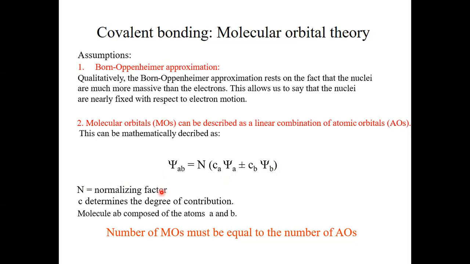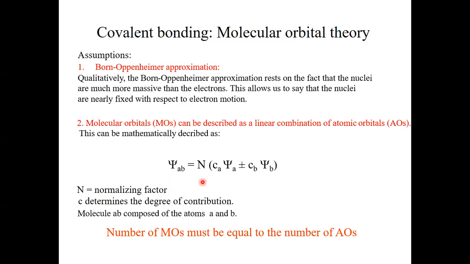This way we ensure that the probability to find the electron somewhere in the respective orbital is 100%. And we do the same in molecular orbital theory: the normalization factor is chosen so that the probability to find the electron somewhere in this molecular orbital is 100%.